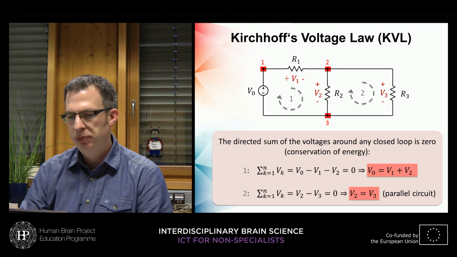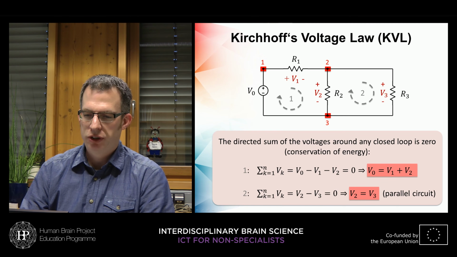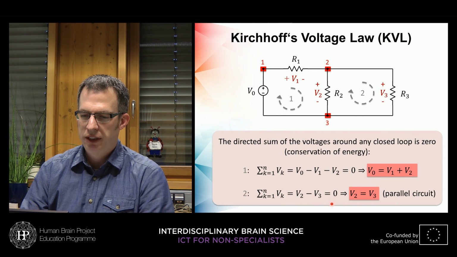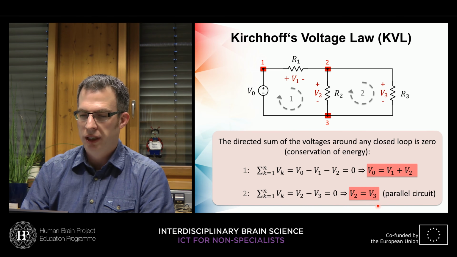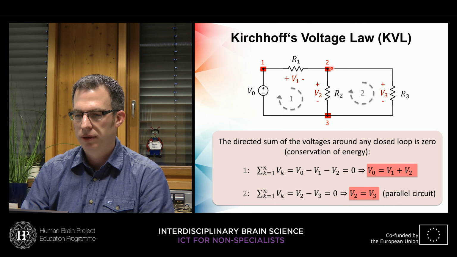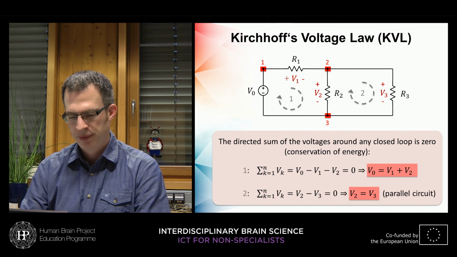It's a parallel circuit between R2 and R3, and we just say V2 is along our direction of movement, it's positive, V3 is negative compared to our direction of movement. The sum is 0, so V2 equals V3. And that's also more or less obvious because the voltage across the resistor 2 is the same as the one across the resistor 3 because of this parallel circuit.